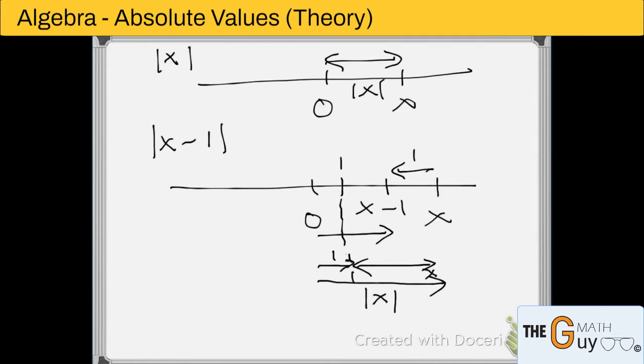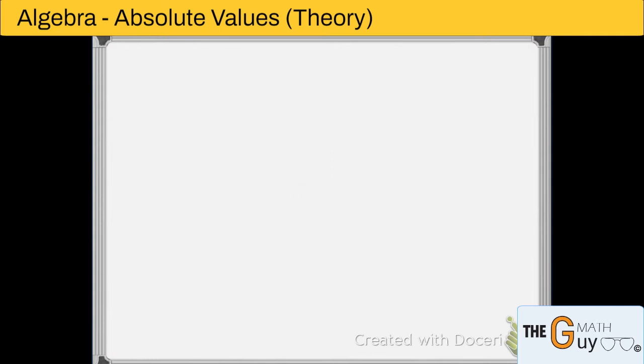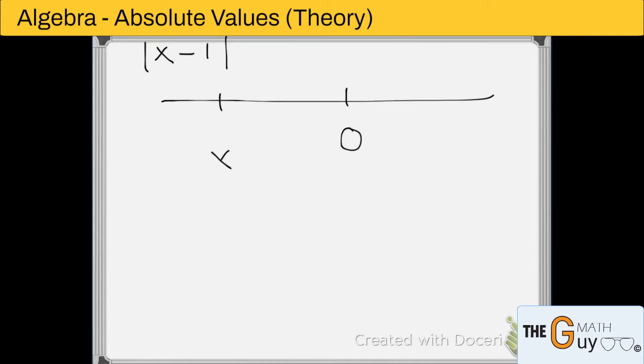Alright, I'm going to draw this a bit neater. I'm going to draw this x minus 1. Let's assume 0 is here and x is a negative number. Great. So where would x minus 1 be? It should be somewhere here. x minus 1 becomes even more of a negative number, thereby yielding a bigger distance.